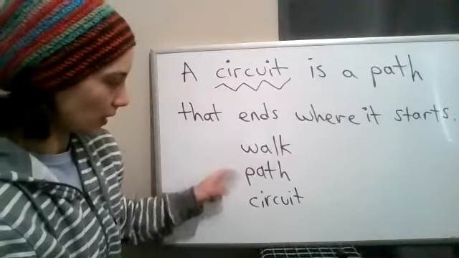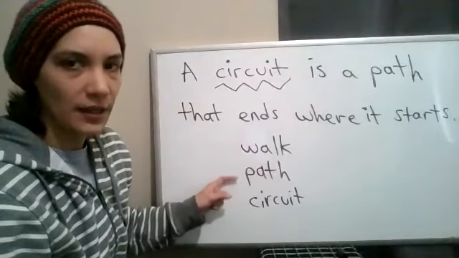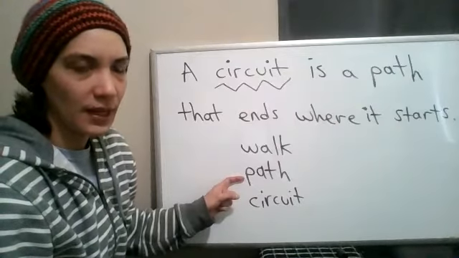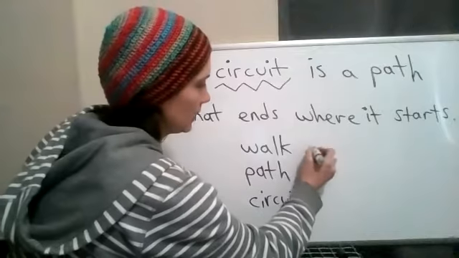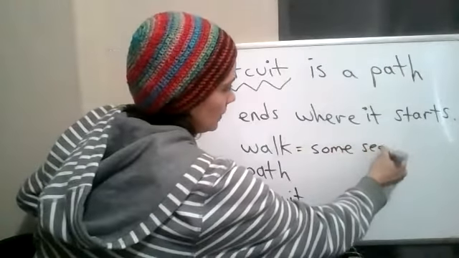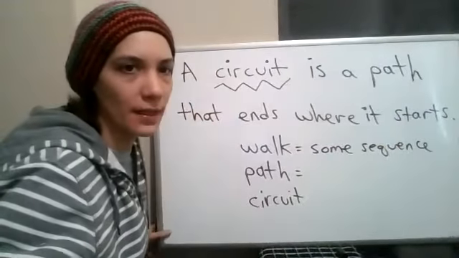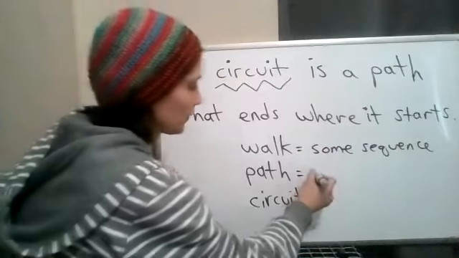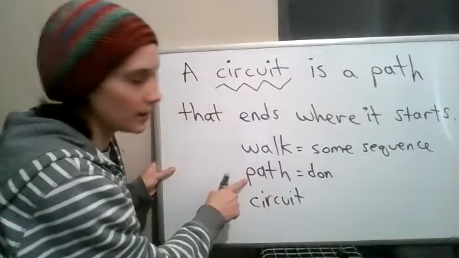Okay, so you have walk, and then a path is a walk, and then a circuit is a path. And usually what I just put here is this is just some sequence. For path: don't reuse edges. It's a walk, and don't reuse edges.